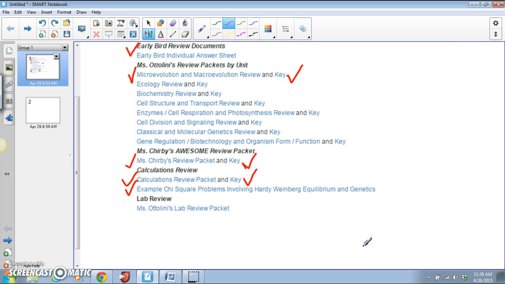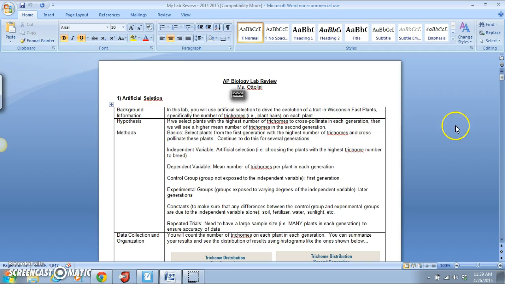Something that I also just posted was a lab review packet. If I go to that, I've listed several labs from the College Board AP Lab Manual. Some of them we have done, some of them we have not done.